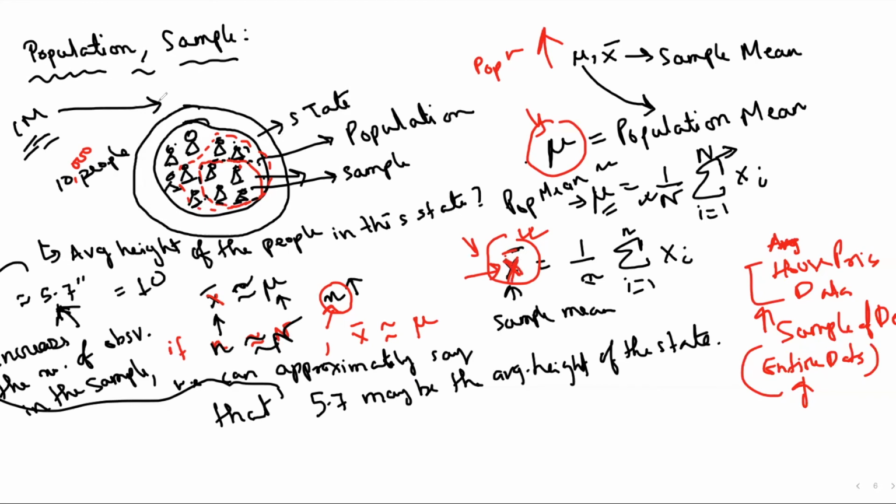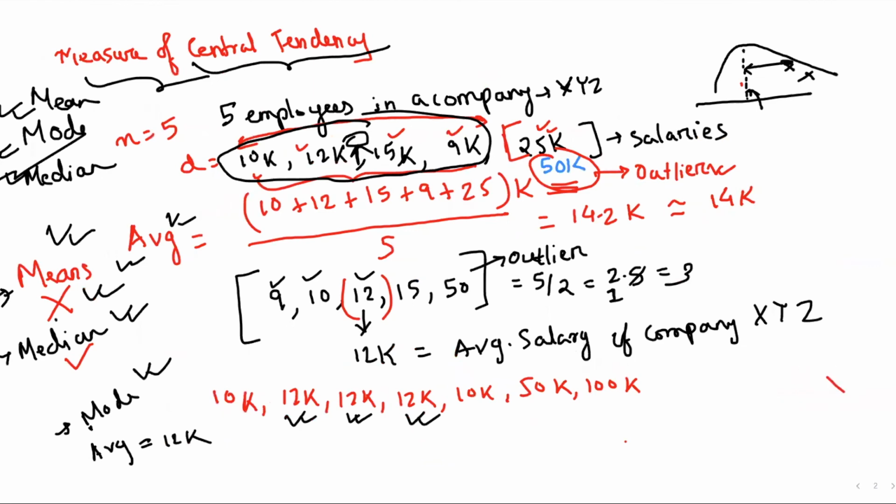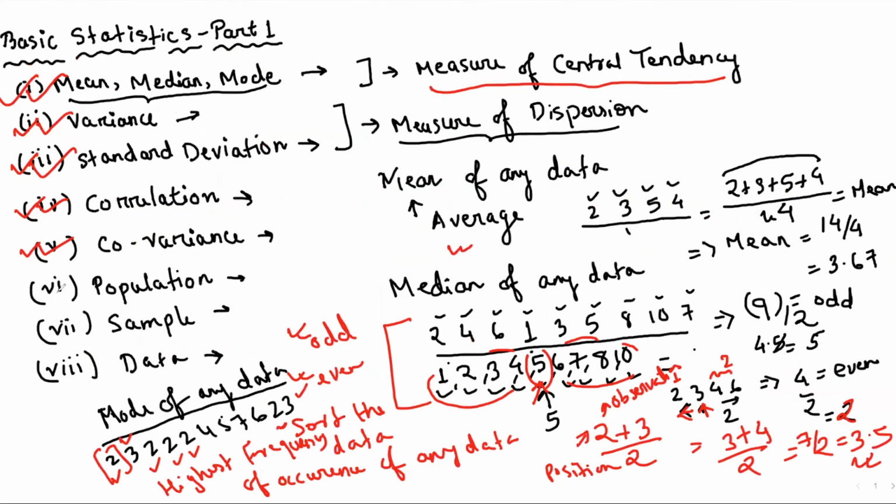Okay, so this is all about population and sample. Now you have some idea about what a population is and what a sample is. A sample is taken from the population. So we covered population and then sample.